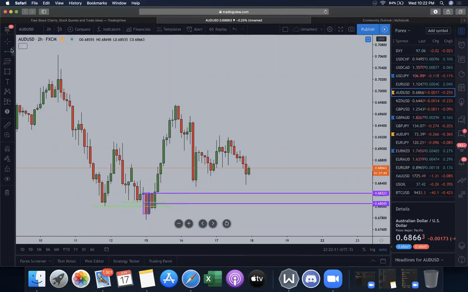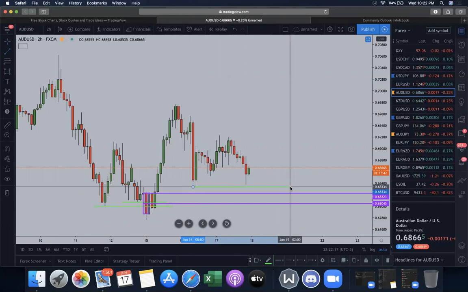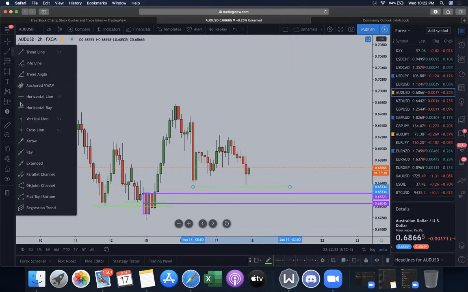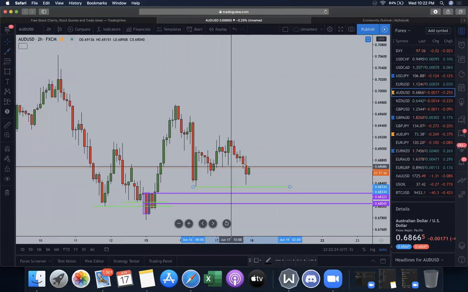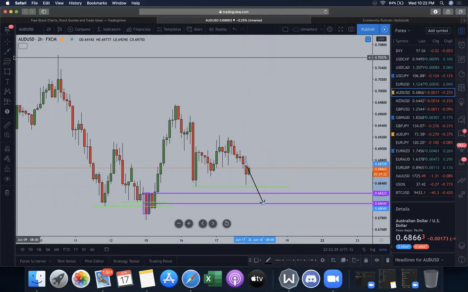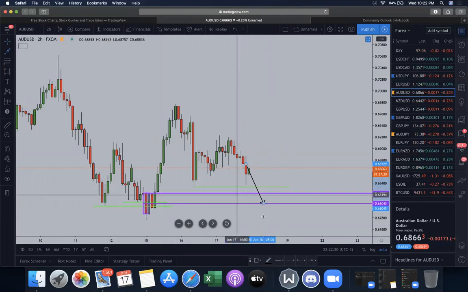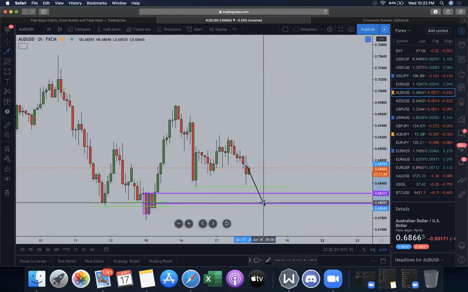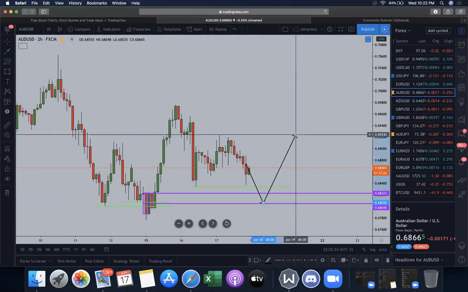And you can see how we have these equal lows. We should be expecting price to take those out. We would like to see them take out the lows and then create a lower time frame setup. So maybe a 5-minute setup inside of this area. And then we look for the buys.